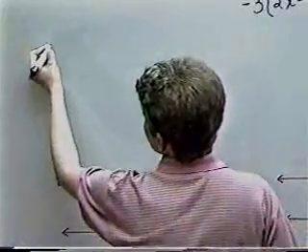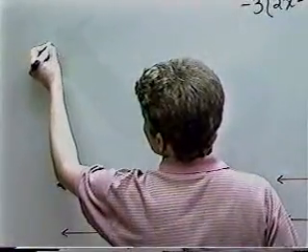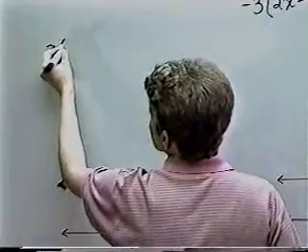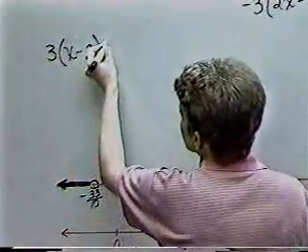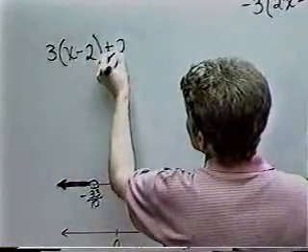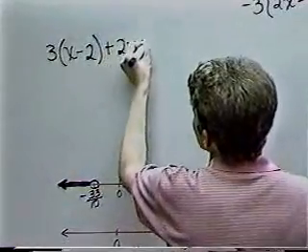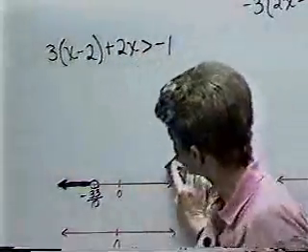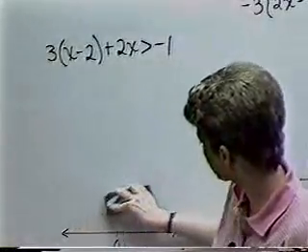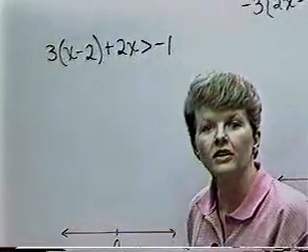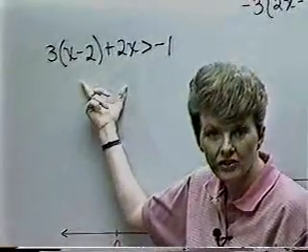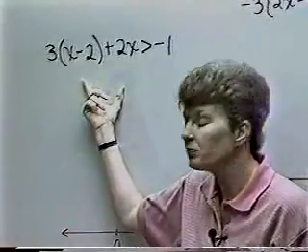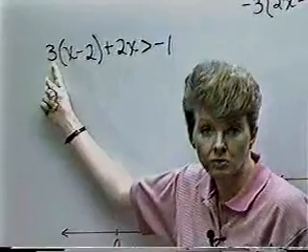Next, I'd like to look at 3 times, in parentheses, x minus 2, close parentheses, plus 2x is greater than negative 1. Let's solve this linear inequality. No denominators other than 1, so let's remove parentheses by distributing the 3.